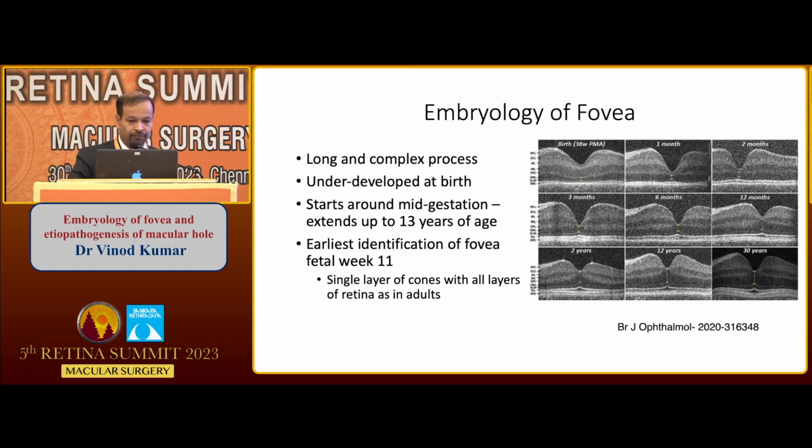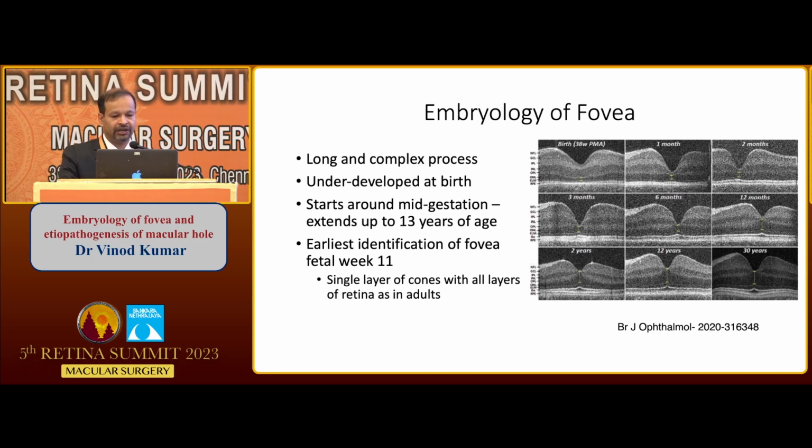So is this how the fovea begins? I think not, because the embryology of the fovea is a very complex and long process. It starts as early as the fetal gestation period, around mid-gestation, extends up to 13 years of age, and in fact, some people believe it keeps on going later as well.